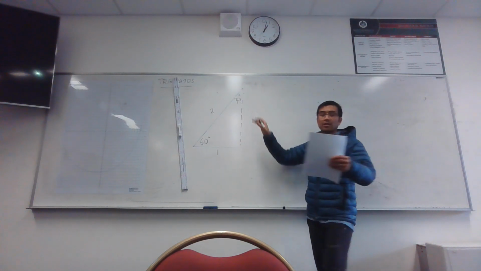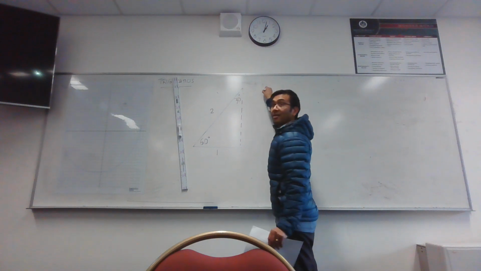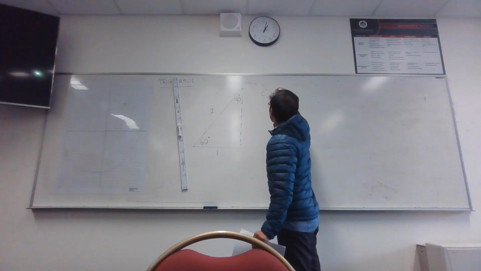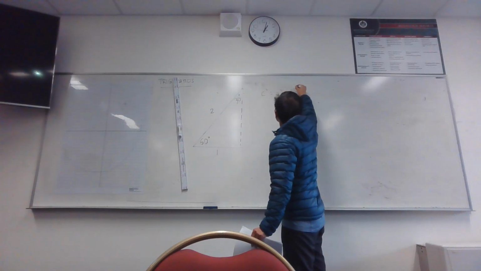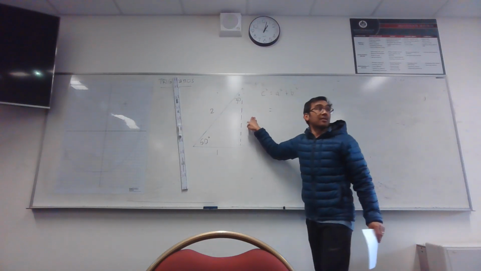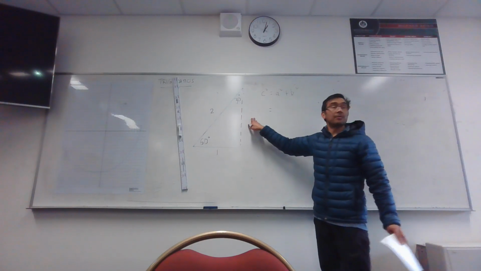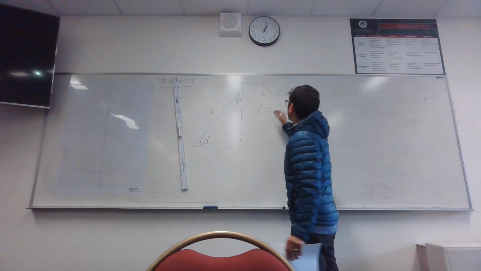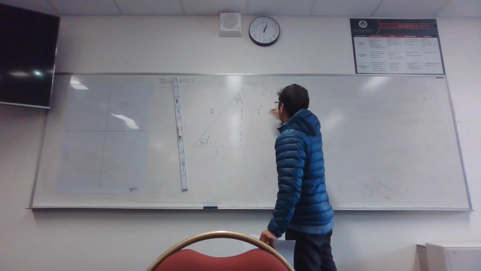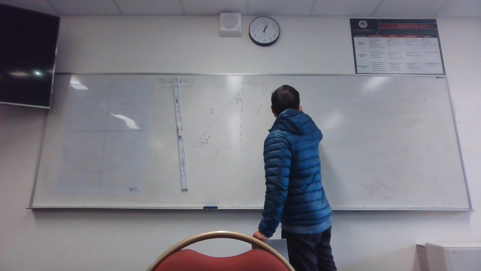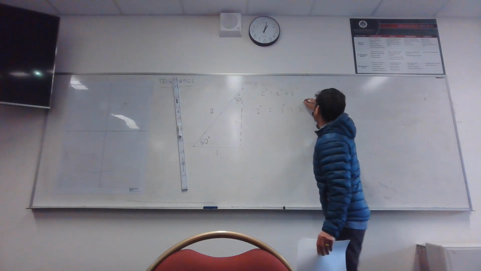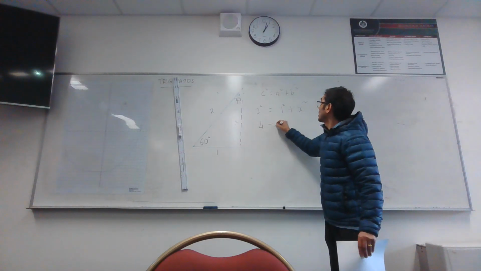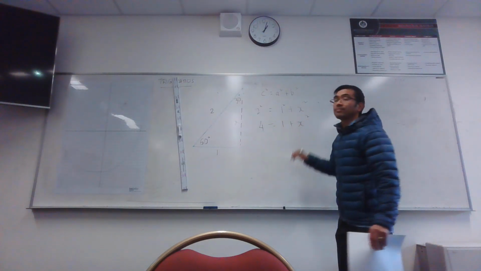Okay, so what's Pythagoras again? A squared plus b squared equals c squared. Okay, good. What's my C in this case, Maya? It's a 2. And my A and B, let's say this is our X. So 4 equals 1 plus X squared.